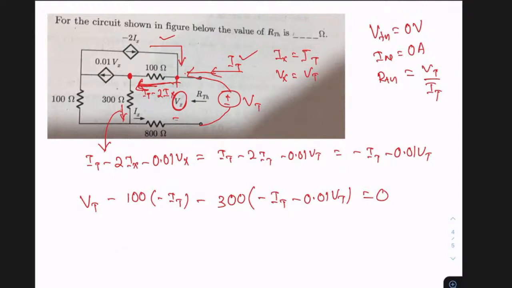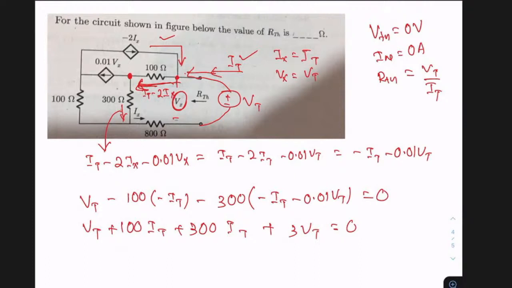Now, if you simplify this equation, you can see this entire equation is only in terms of VT and IT. We can rearrange them and take the VT to IT ratio. If I do that, what do you get? VT plus 100 IT, plus 300 IT, again plus 3 VT equals 0. Hopefully, I am not making any calculation mistake.